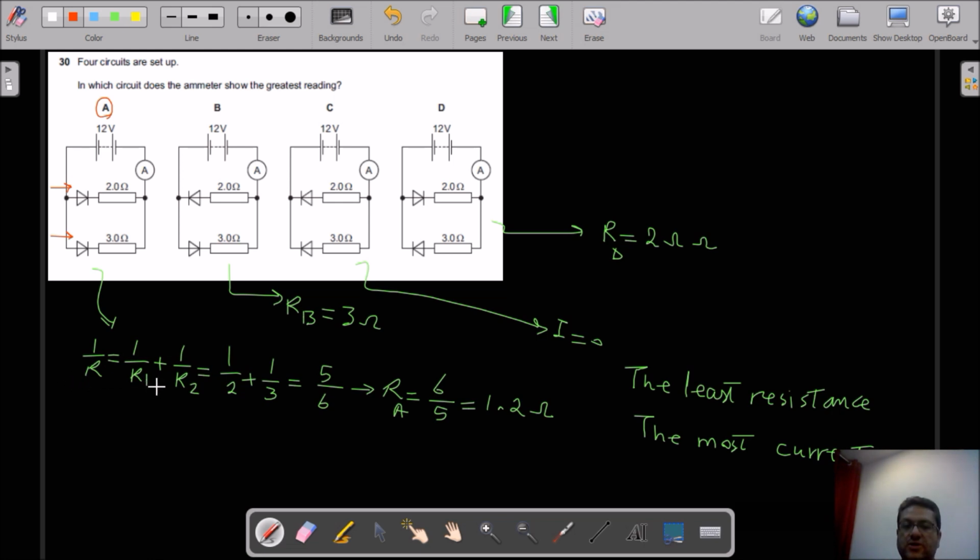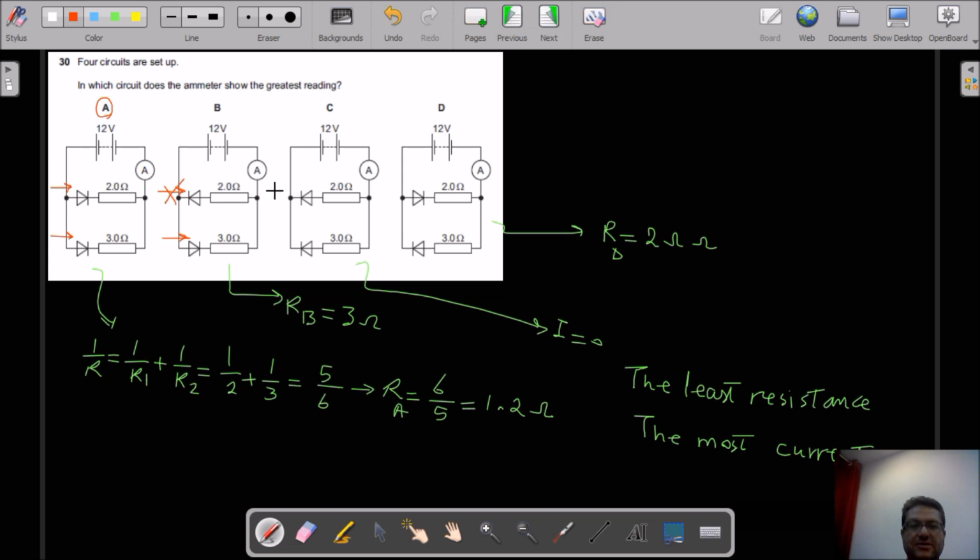By using 1 over R, you can find R for circuit A equal to 1.2 ohms. For B is 3 ohm because current cannot pass from 2 ohm. That's why only can pass from 3 ohm, so RB is 3 ohm.